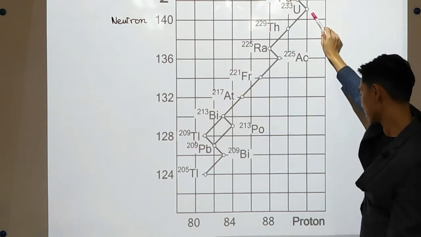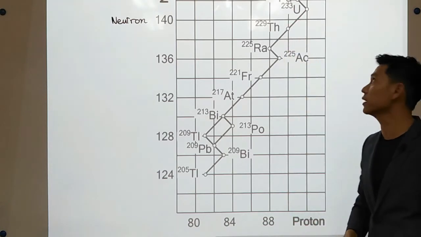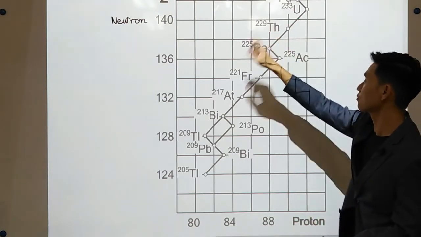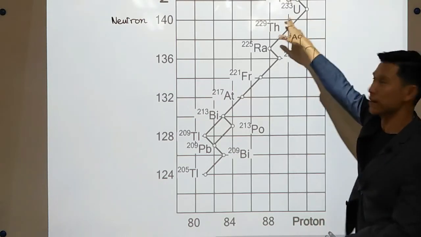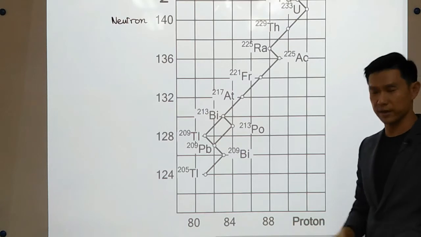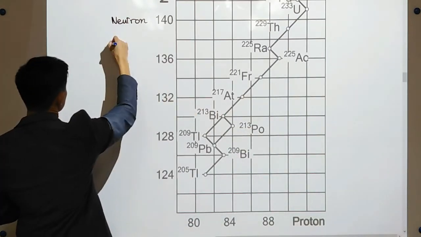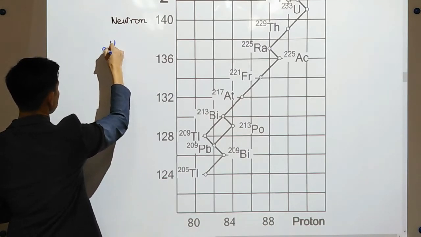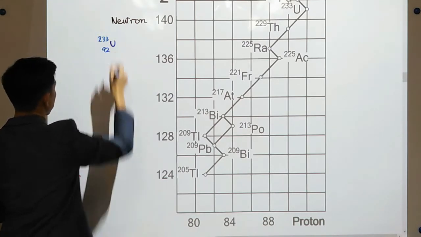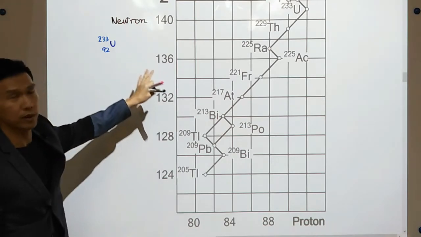So 141 plus 92 is 233, right? This is the number of neutrons, number of protons, and the mass number over there. So if you look at this uranium, let me show you here. Uranium 92, 233 with the number of neutrons equal to 141.